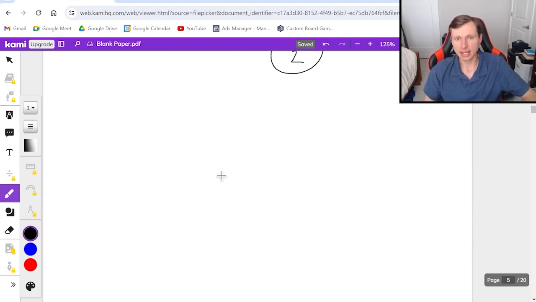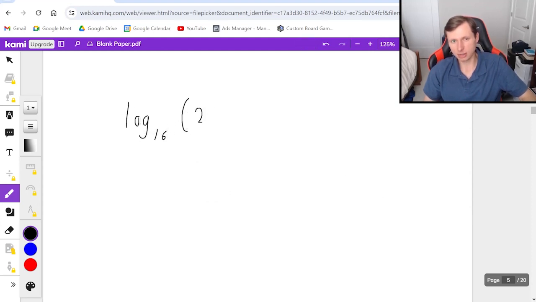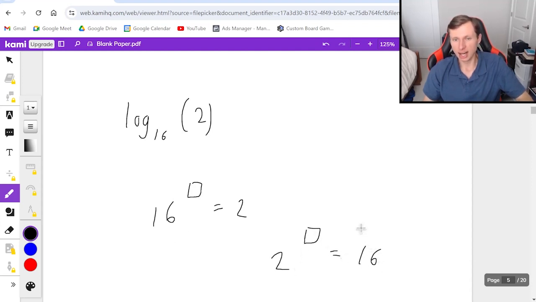So to help you with that, here's another one. Let's say log base 16 of 2 this time. This one's tough because 16 raised to the blank power equals 2. This is not as easy as you think. I know it's not a square root because square root of 16 is 4, but I'm going to do the reverse method. In other words, 2 raised to the blank equals 16. I know this.